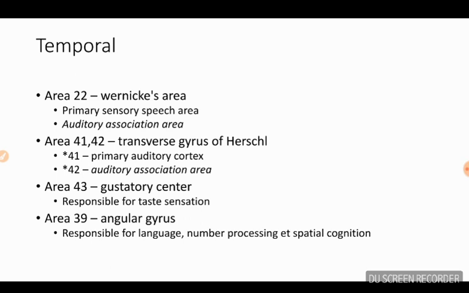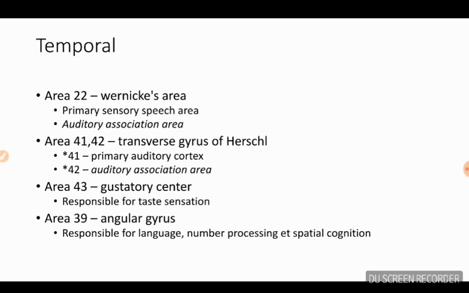You have areas 41 and 42, also known as the transverse gyrus of Heschl. Area 41 is the primary auditory cortex, and 42 is the auditory association area. Area 43 is also known as your gustatory center, responsible for the taste sensation.